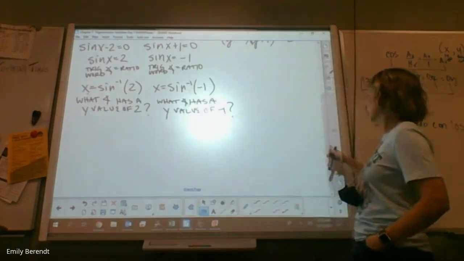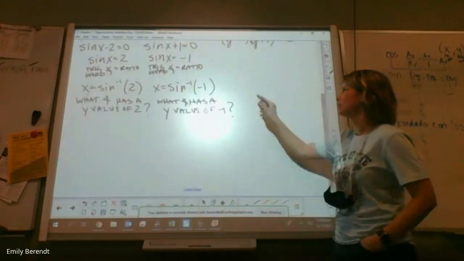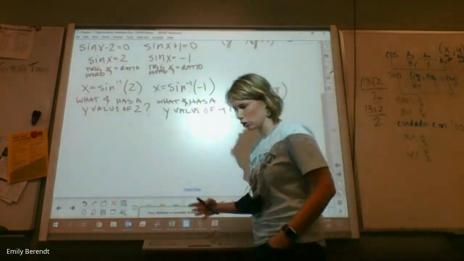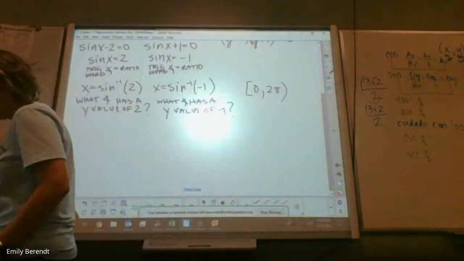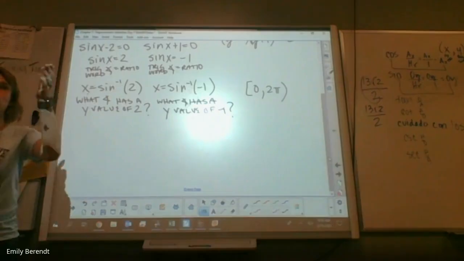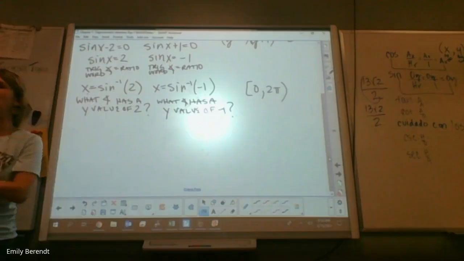So keep in mind our answers have to pull from 0 to 2 pi. So it's implying that our answers are located where? On the unit circle. What do you guys know about the unit circle? Has a radius of 1. That's why it's called the unit circle. So the furthest out that it can go is what? 1.